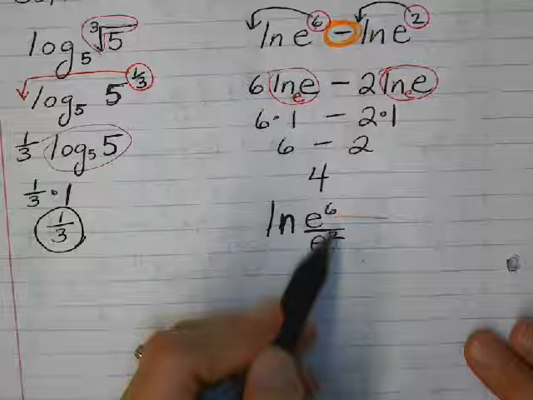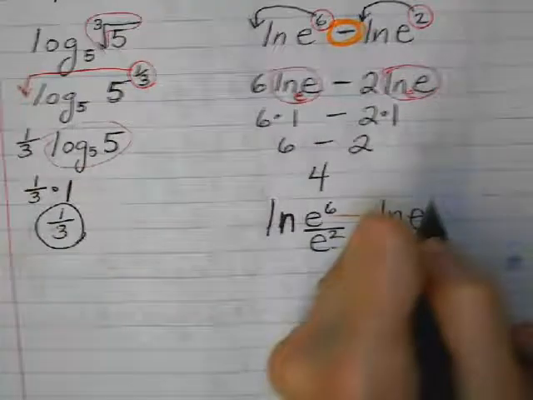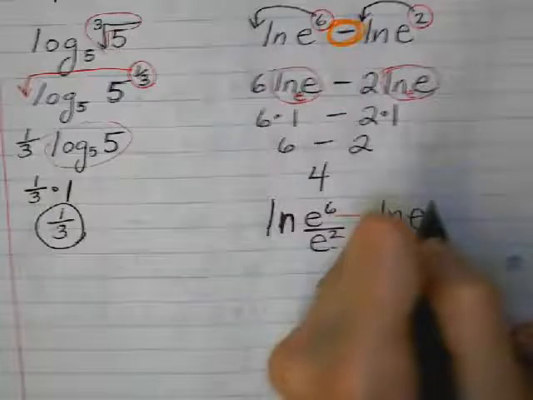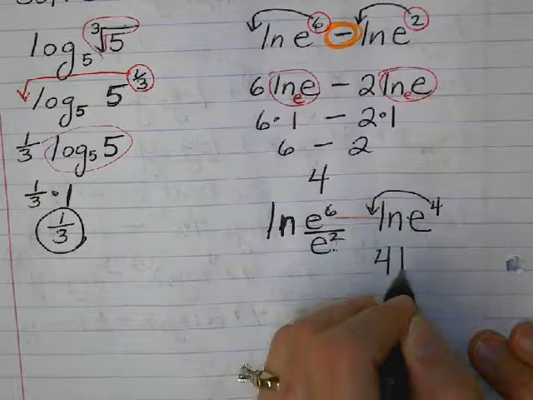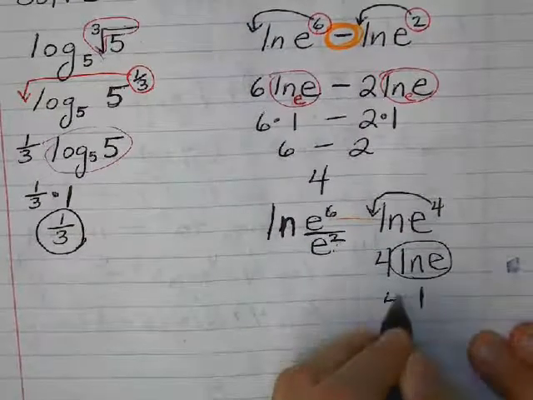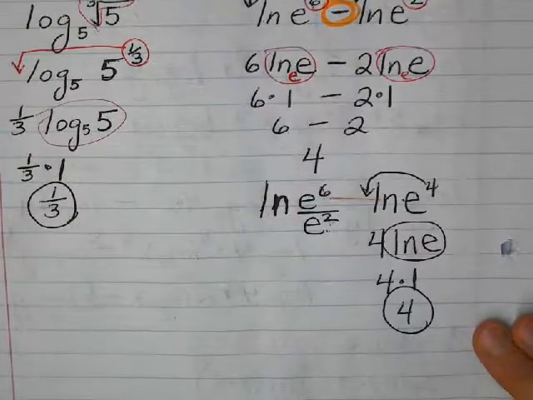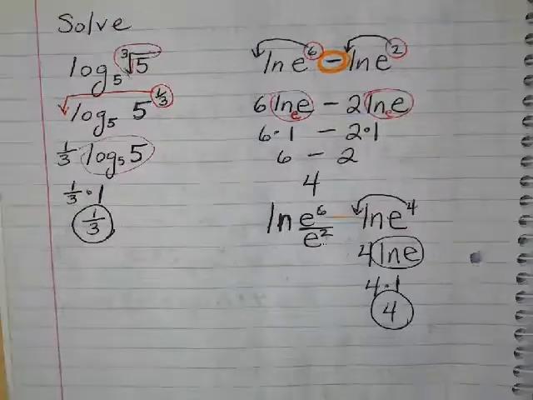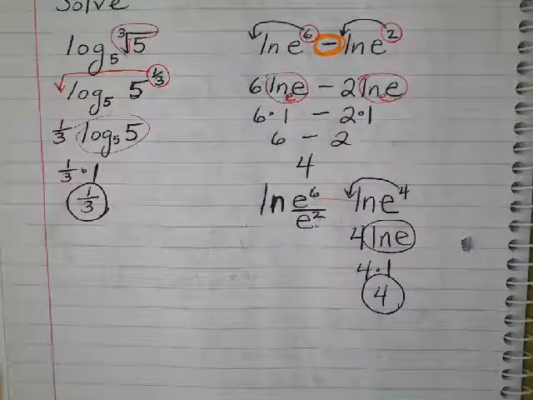So it turns into natural log e to the 4th, 6 minus 2 is 4. And it's the same thing, the 4 goes in front, 4 times ln e. And like I said, natural log of e is 1, 4 times 1 is 4. Still the same answer. You could have done it a different way. I know I did it quickly, but it's the same but different.